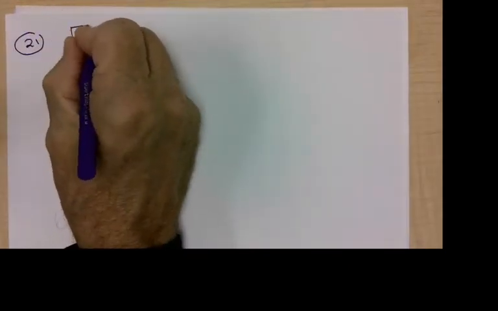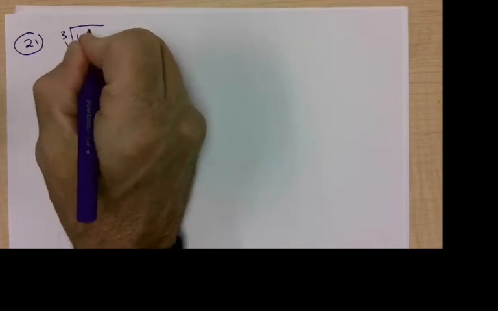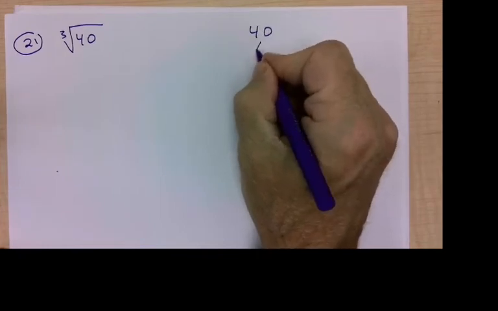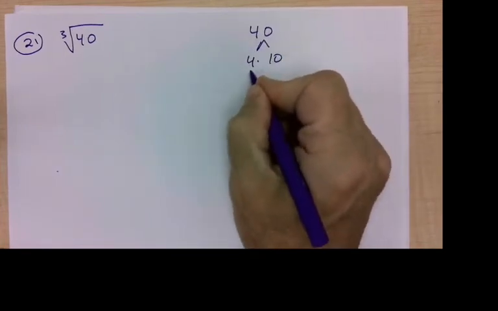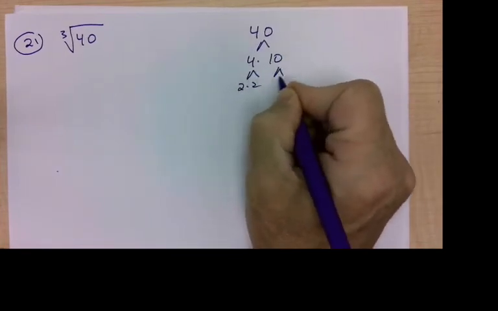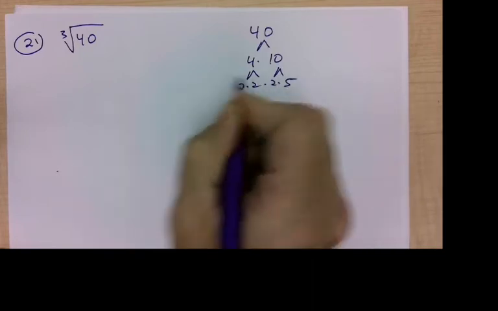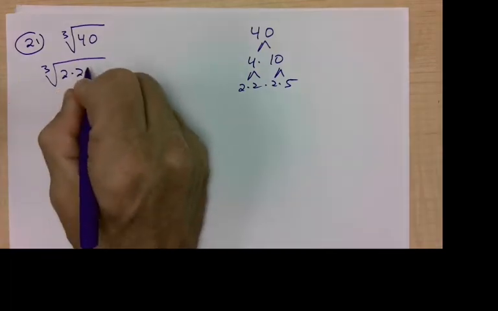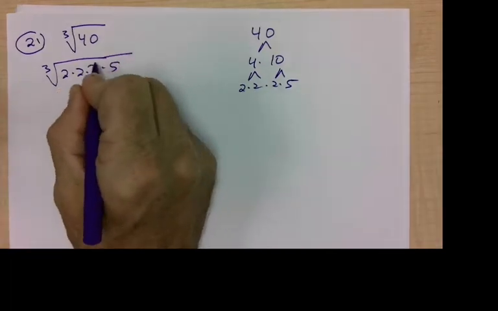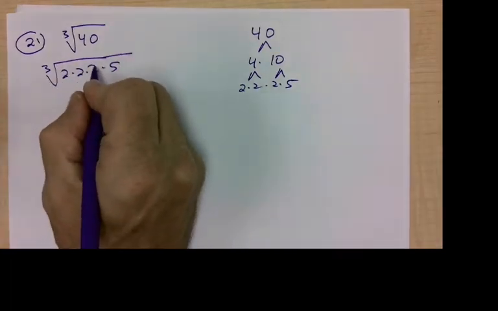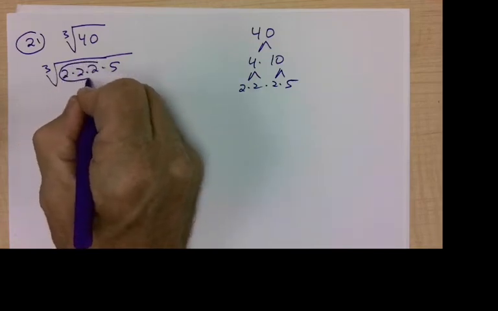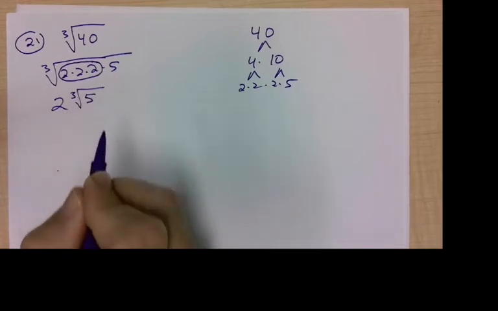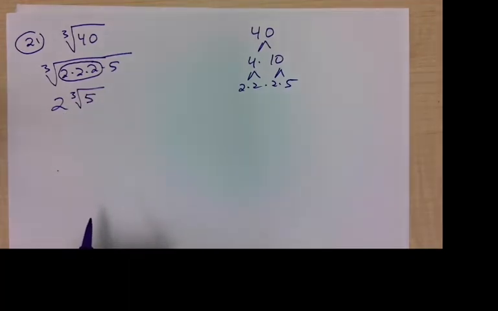Well, I believe in factoring completely. 40 is 4 times 10. 4 is 2 times 2. 10 is 2 times 5. So the cube root of 40 is the cube root of 2 times 2 times 2 times 5. A cube root needs 3 identical things to be extracted, and I have 3 identical 2's. So that comes out of the cube root, and we get 2 times the cube root of 5 for number 21.